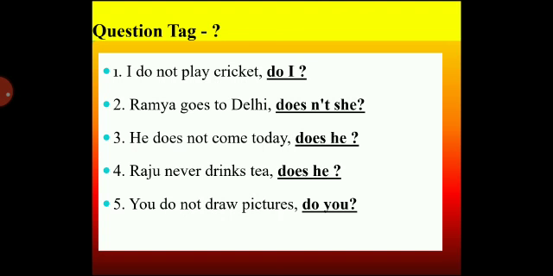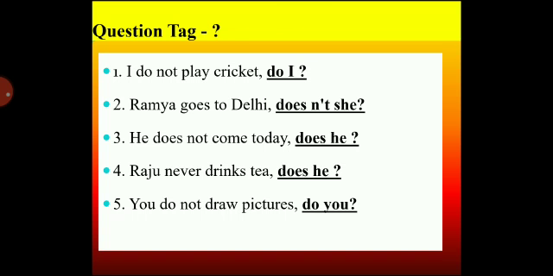The sentence is negative, so you have to give a positive question tag: do I? Wherever it may be, I should be a capital letter, and you should give the question tag. Unless you give the question tag, the mark will not be given, whether it is a competitive exam or an academic exam. So you have to be very careful.